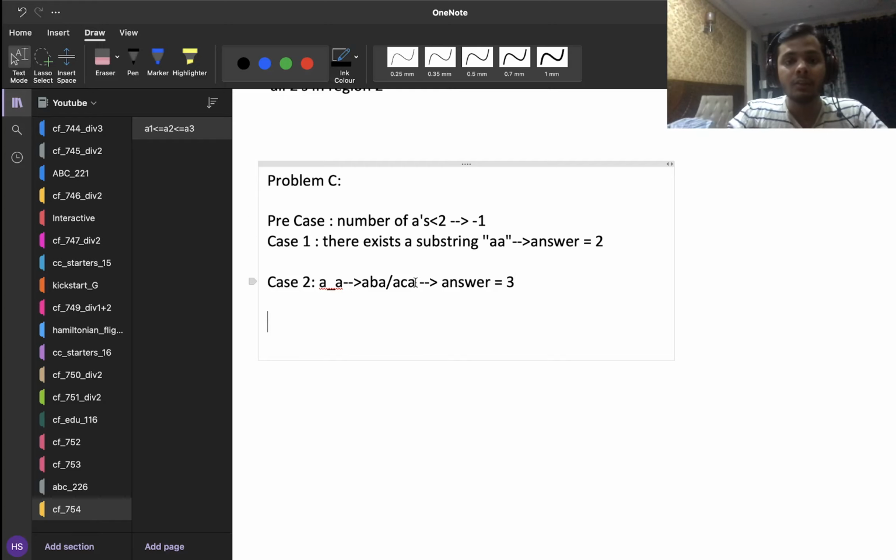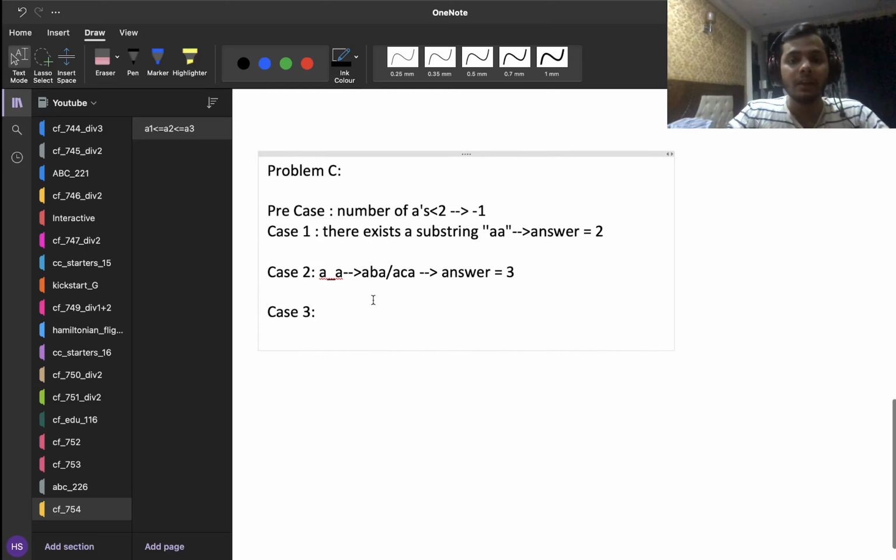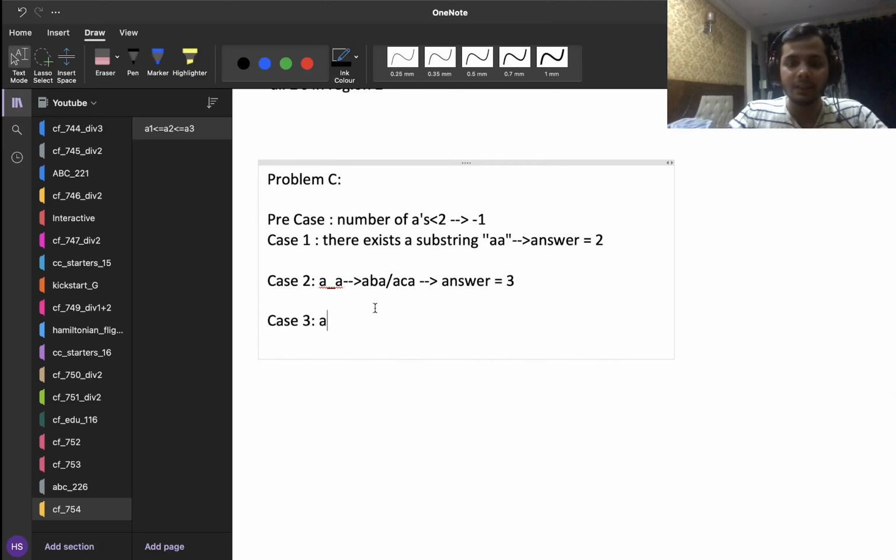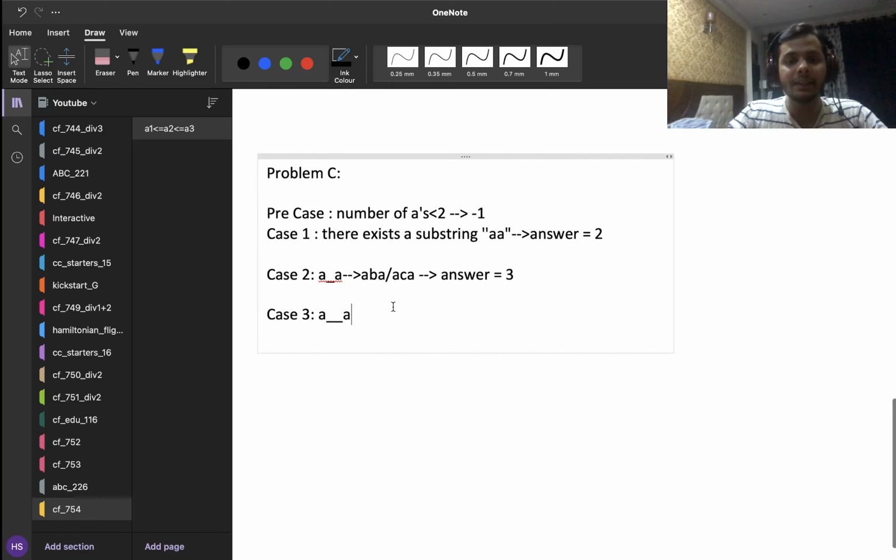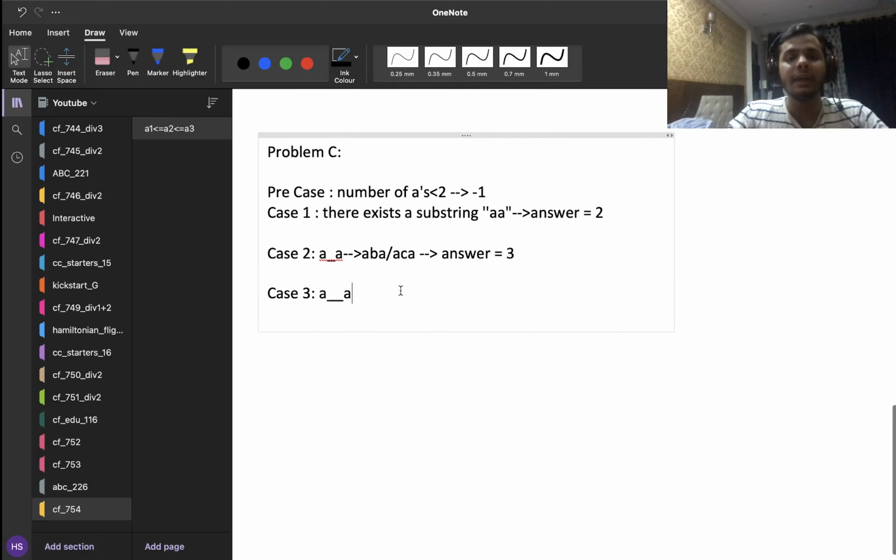Okay. So now with these two cases done, I am pretty sure that for any two consecutive occurrences of A, there are at least 2 characters in between. Now let's say that the case 3 is that there exists something like this, A dash dash A. Now this is a pretty tricky case to handle, and the reason for that is that there are really 2 sub cases here.